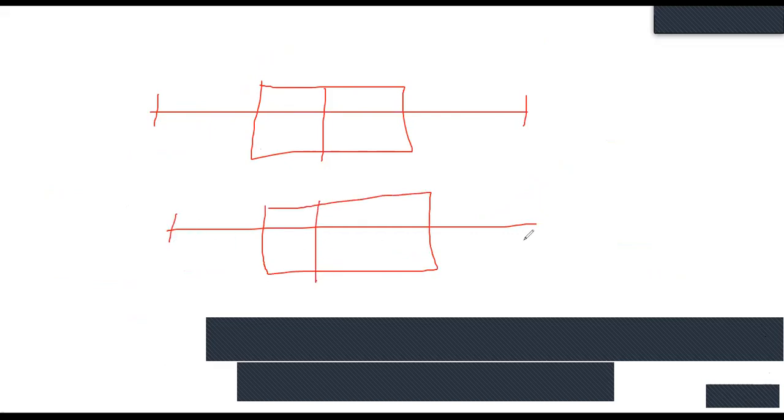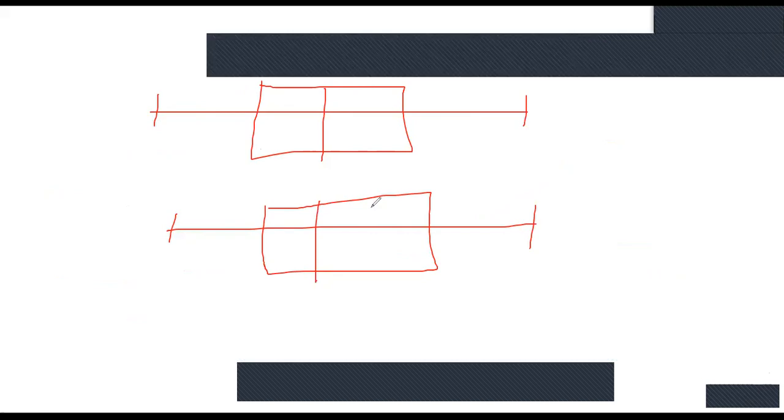Similarly, you're able to tell from a box whisker plot where you have 3 scenarios. Number 1 is a normal distribution. It is 50-50. Number 2, it is skewed to the left because the gap here is bigger. Number 3, it is skewed to the right because the gap here is bigger.